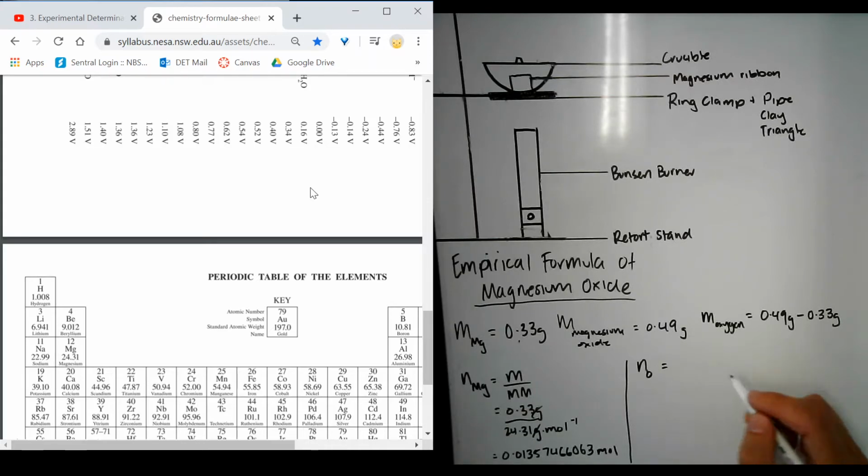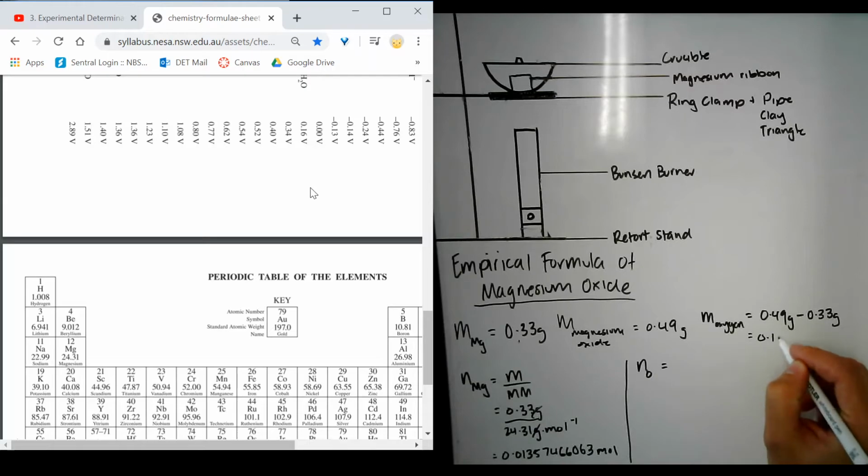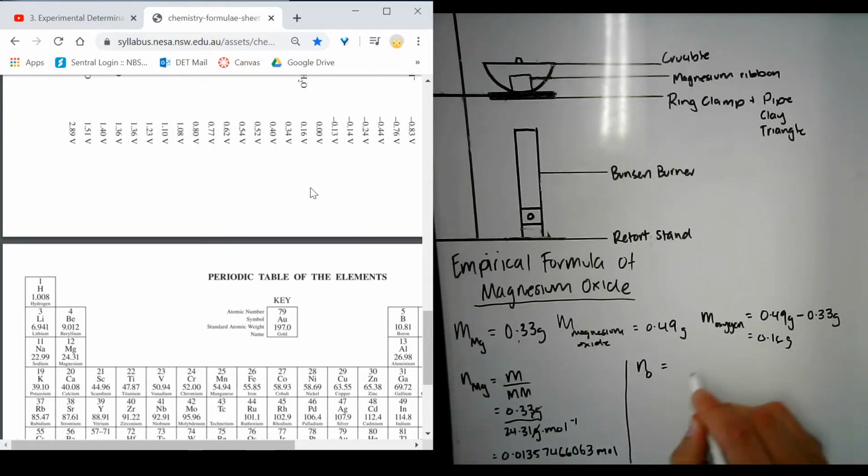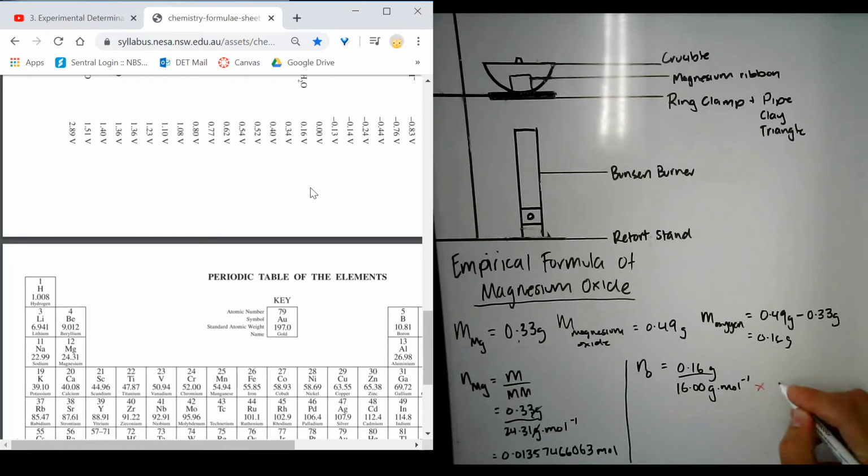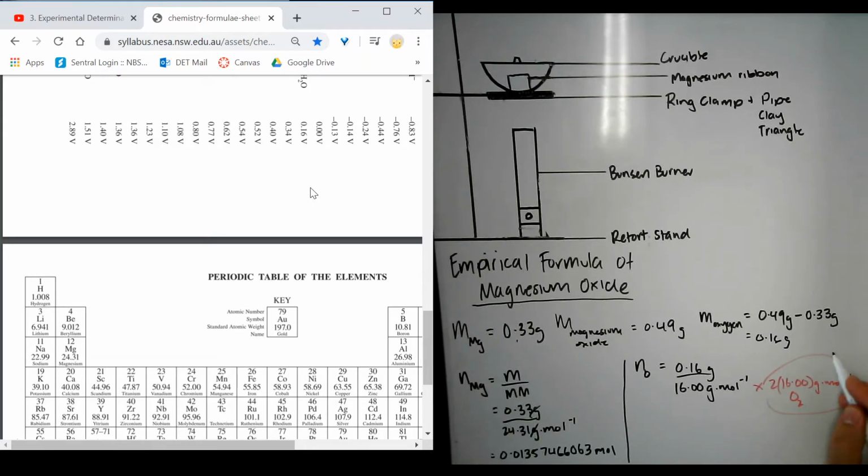So the number of moles of oxygen are 0.49 minus 0.33, which equals 0.16. So I've got 0.16 grams, divided by 16.00. Remember, this is in grams per mole. It would be incorrect to assume that it's 2 times 16.00 grams per mole. This is assuming O2, and it is completely wrong.